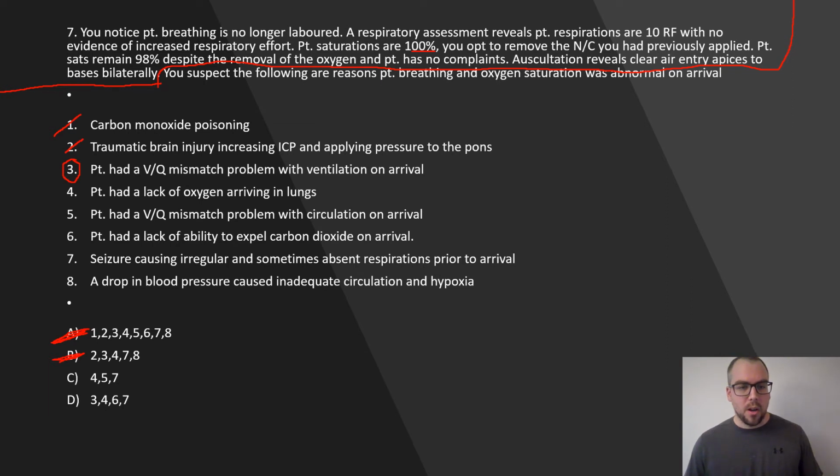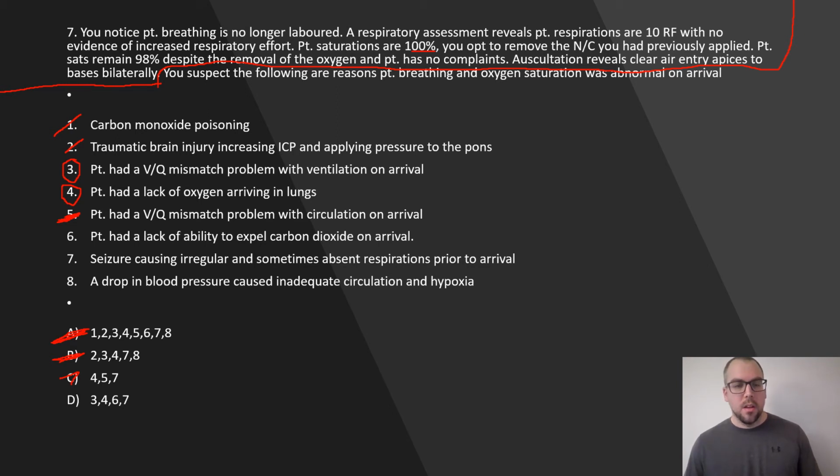Patient had a lack of oxygen arriving in the lungs. Yeah, that makes sense. And it kind of follows the problem with ventilation. Patient had a VQ mismatch with circulation. Well, we know his circulation mostly, and he had a good blood pressure and a really good heart rate, so there's no reason that he should have that. Let's eliminate five. That's already your answer, but let's just finish this.